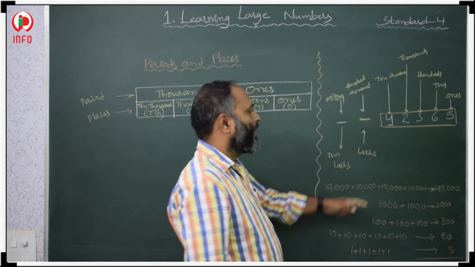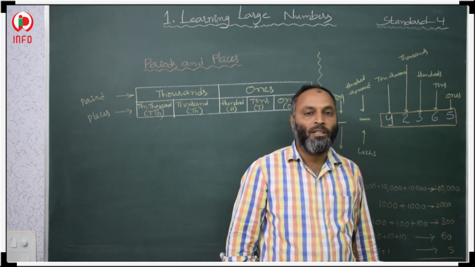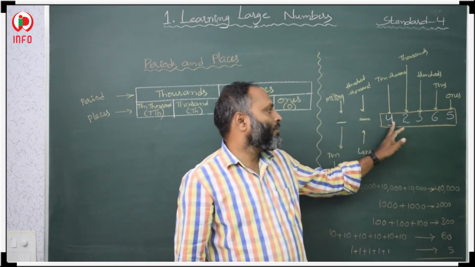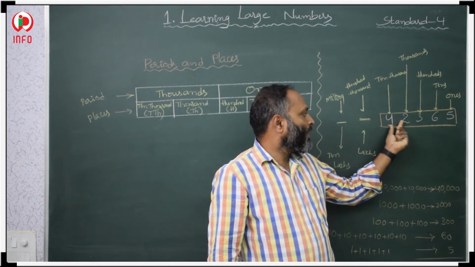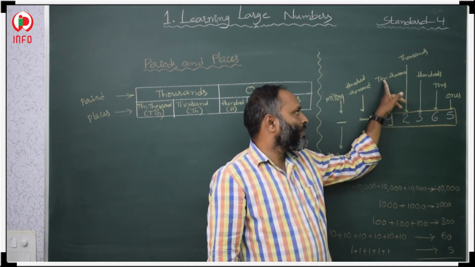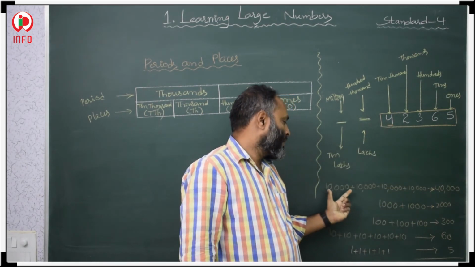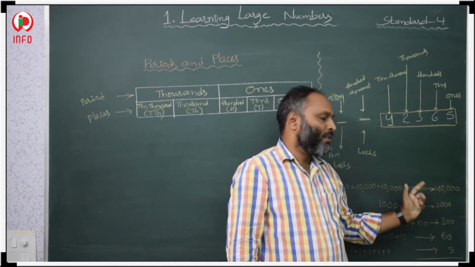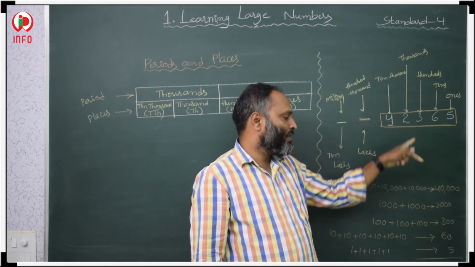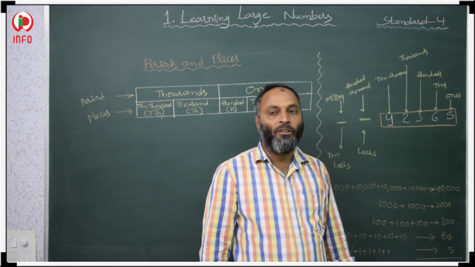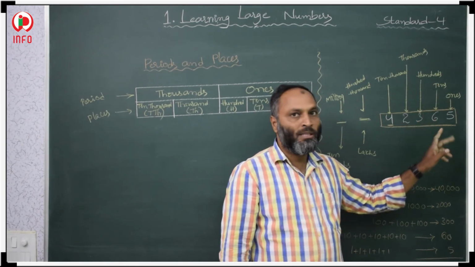If we add all, again we get the same thing: 42,365. Then once again, listen. 4 is in the 10,000s place, so we take 4 10,000s, which is 40,000. 2 is in the thousands place, so we add 2,000. Then 3 in the hundreds place, so we add 3 hundreds.